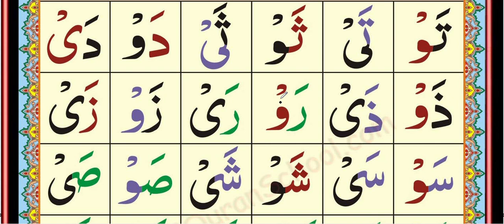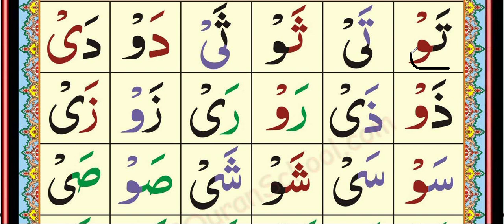The first one is that whenever you read the Leen letters, you don't pull. Like the mada letters in the previous video, where you make it long and stretch, but with Leen you don't make it long. For example, ta waw fatha, you say tau, no extending in the Leen.